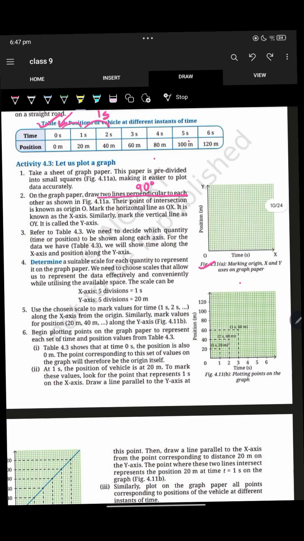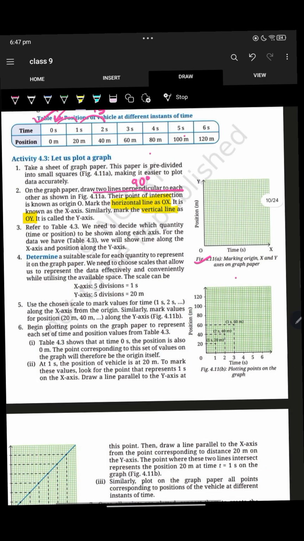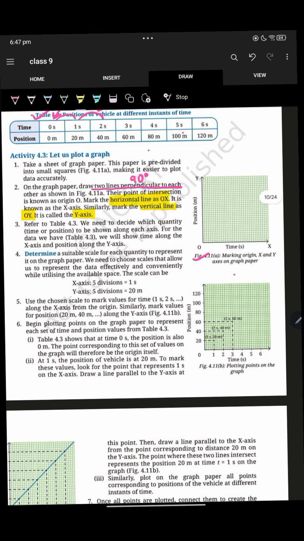The horizontal line is OX, which is the x axis, and the vertical line is OY, which is the y axis. Now refer to the table given, and see how the plot is formed with the position changing by 20 meters for every 1 second difference in time.